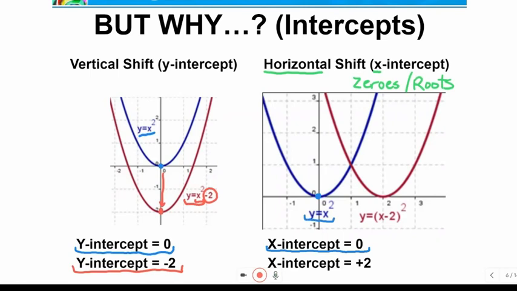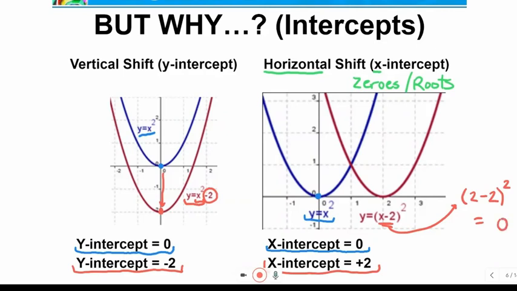When we change the inside of our function, x minus 2, the reason our x-intercept is positive 2 is because 2 minus 2 equals 0.